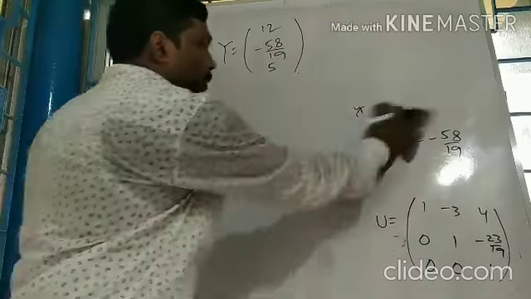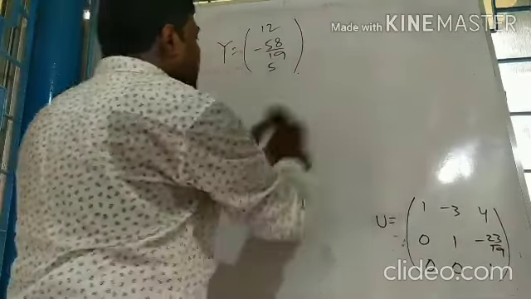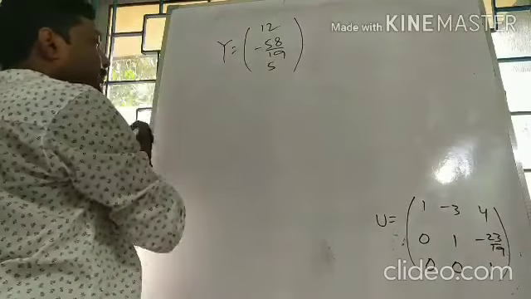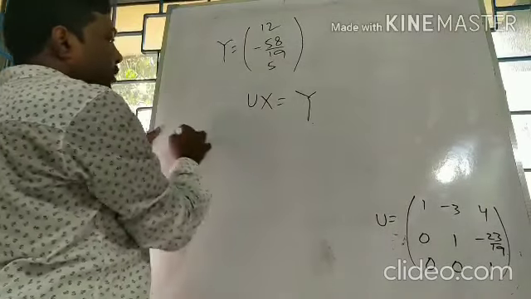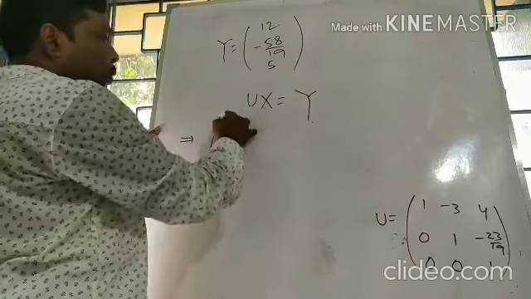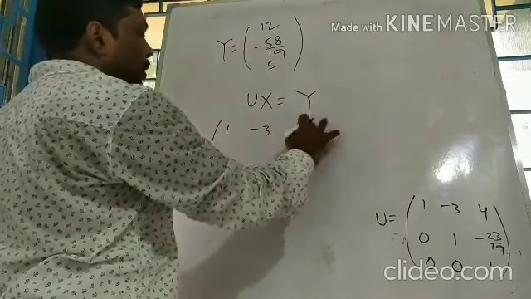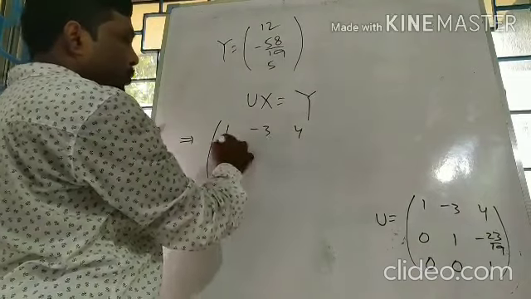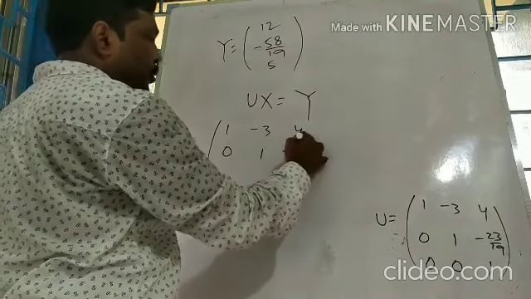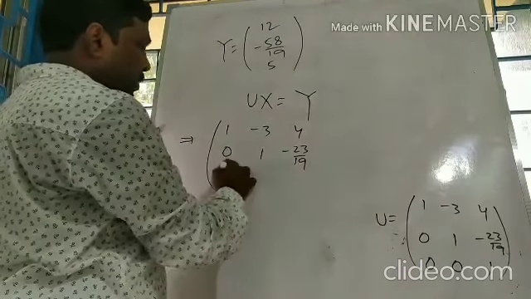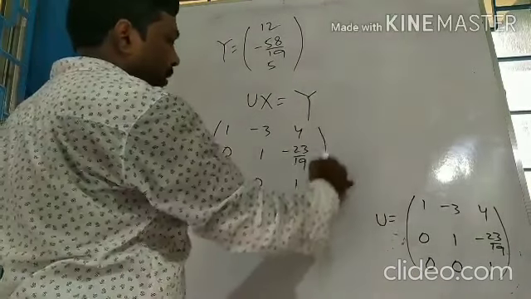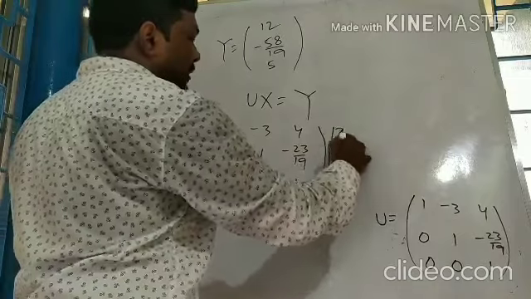Now we have to solve the system Ux equals Y. What is U? U is [1, -3, 4; 0, 1, -23/19; 0, 0, 1], and the vector x is x, y, z.